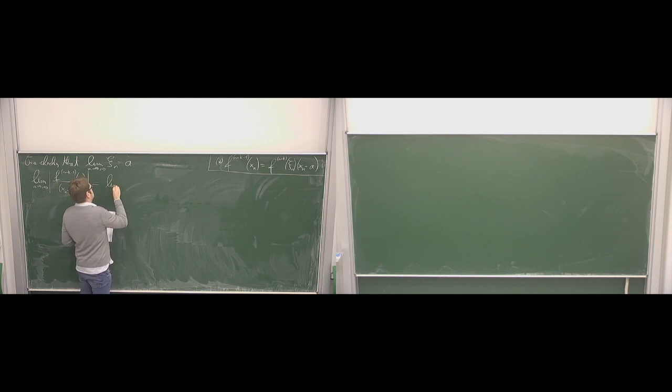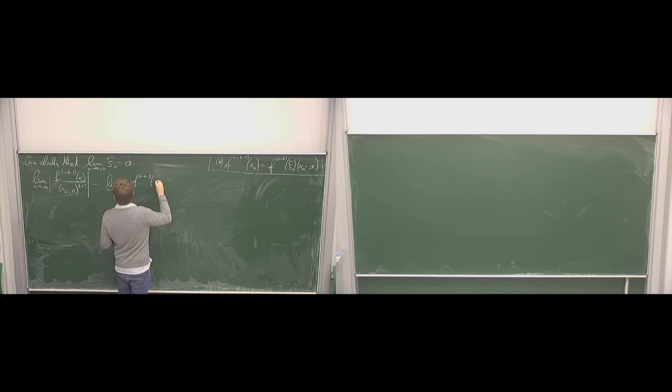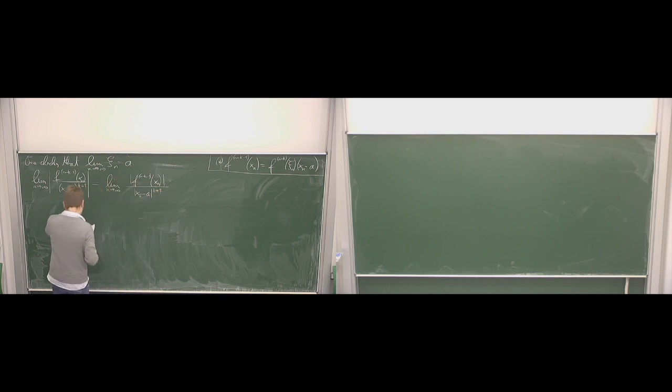This is the same as if we put the absolute values into the numerator and denominator. So this is f_{n-k-1}(x_n) in absolute value divided by |x_n - a|^(k+1), inside here the absolute value.